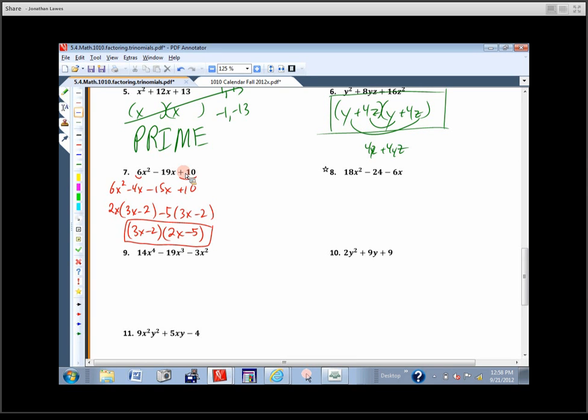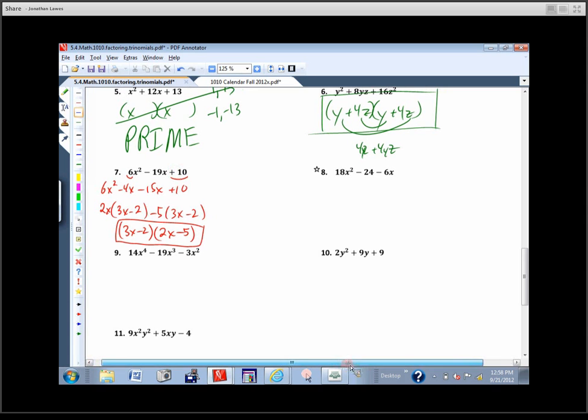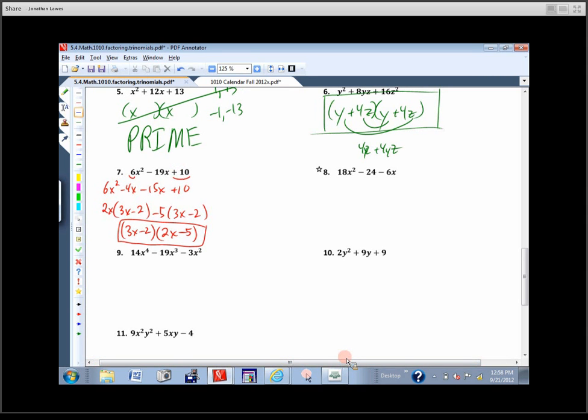I just noticed some similarities in the first lessons. If you did guess with it though, if you did 3x and 2x out of 6x squared, then you did negative 2 minus... What are you saying?